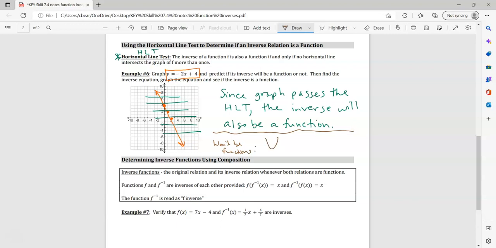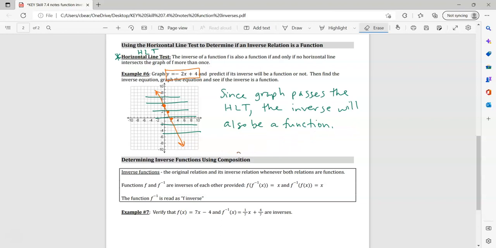If I have a, let's see, what would be another one that we've talked about? Absolute value would be another one that wouldn't. Okay. So those inverses will not be functions. All right.